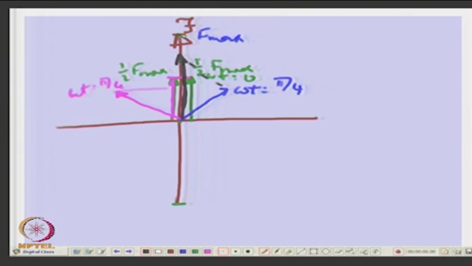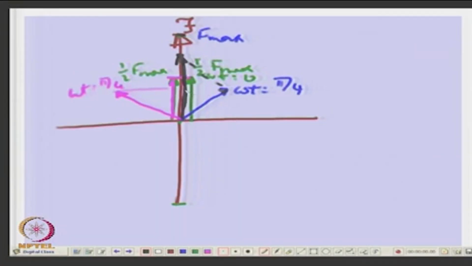Earlier f max was here, now the maximum is not f max, it is less than f max. How much will it be at 45 degrees? You have to find it out. So, this is 45 degrees, it will be 2 root... how much?